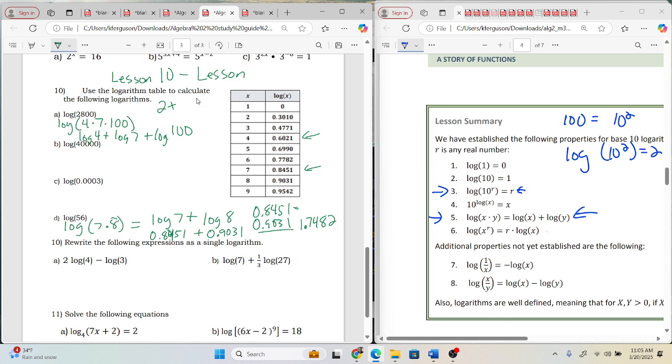I got 0.6021 and 0.8451. I need to add those two things together. So I got 1 and 1, that's 2. I've got 2 and 5, that's 7. I got 0 and 4, that's 4.